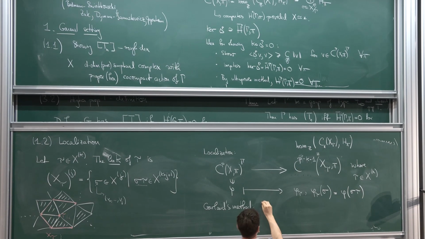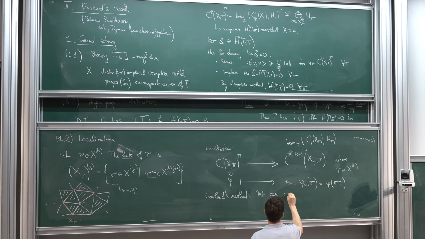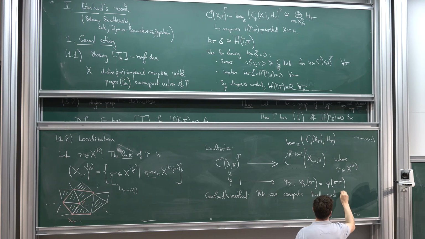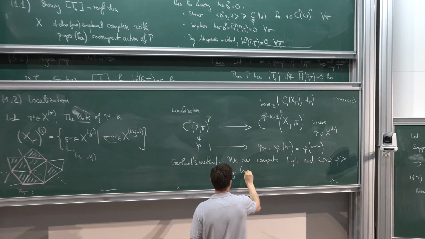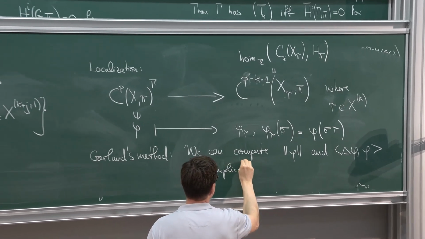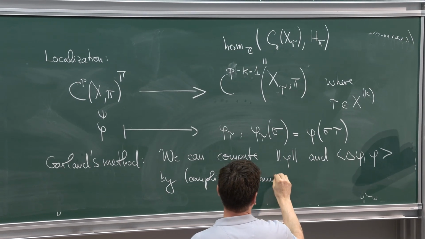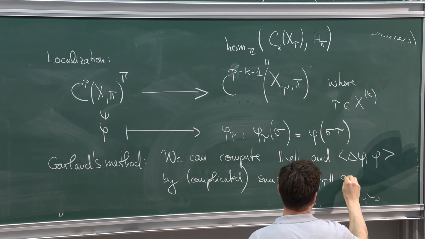And so Garland's method is the observation, I mean, it's more than just an observation, that we can compute for a cochain in our original complex the norm and also this scalar product we're interested in by potentially complicated sums of various localizations.